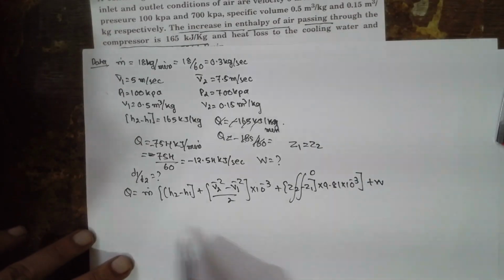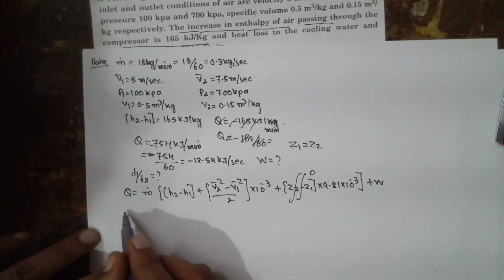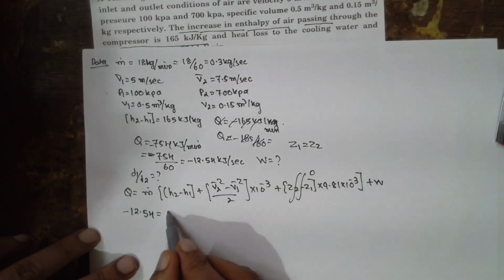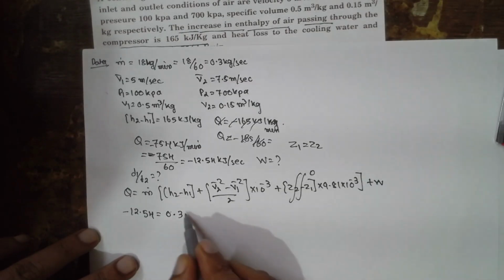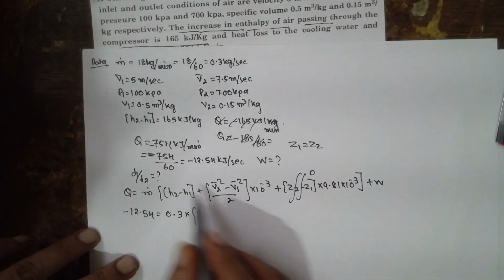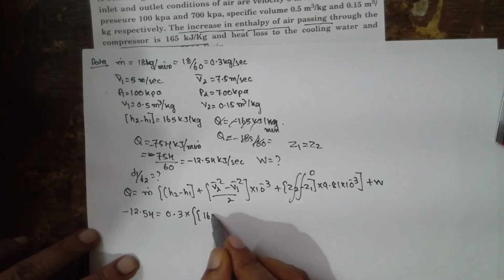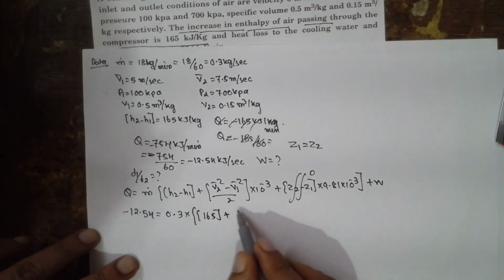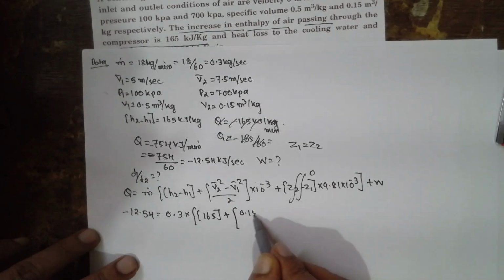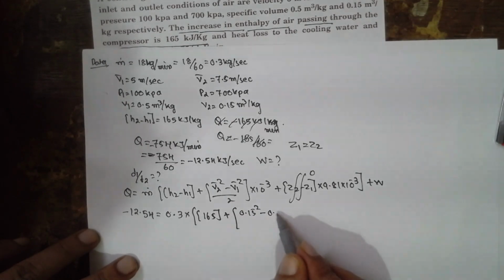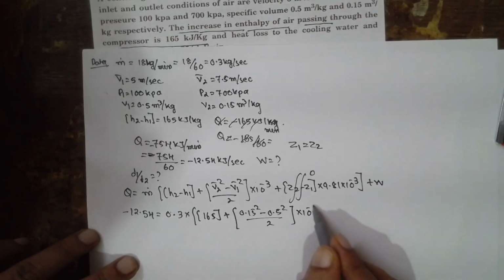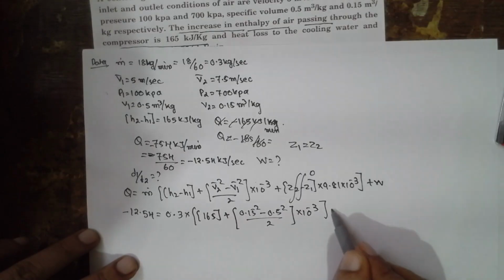The Q value is minus 12.54. M dot is 0.3. H2 minus H1 is directly given as 165, a single value. Plus 0.15 square minus 0.5 square divided by 2 into 10 raised to minus 3, close the bracket, plus W.